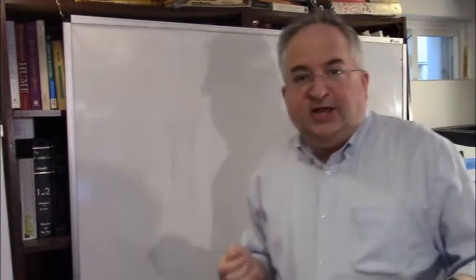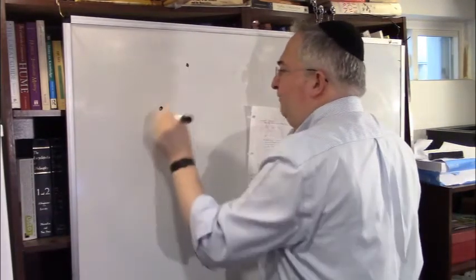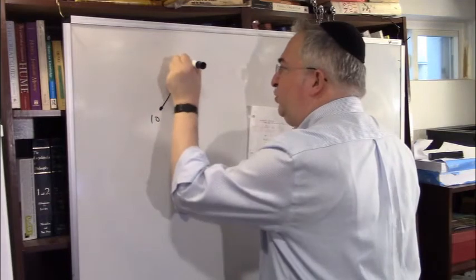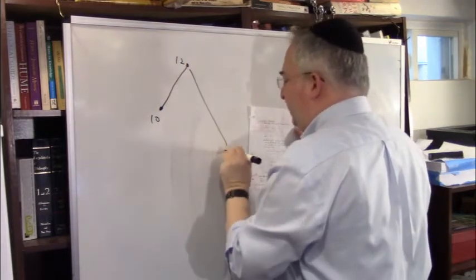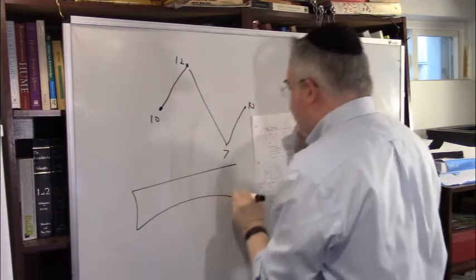Let's convert our data. Rather than having the price of the stocks at every day, let's convert our data to how much it went up and how much it went down every day. So instead of doing it like this, first day it was 10, then it was 12, then it was 7, then it was 10. Rather than doing that, let's do the following.